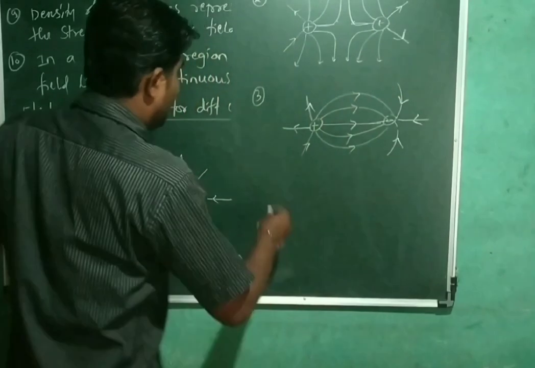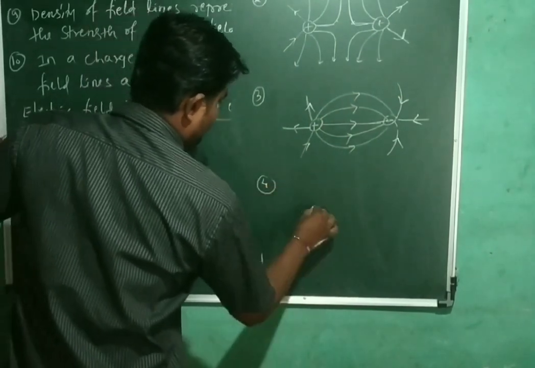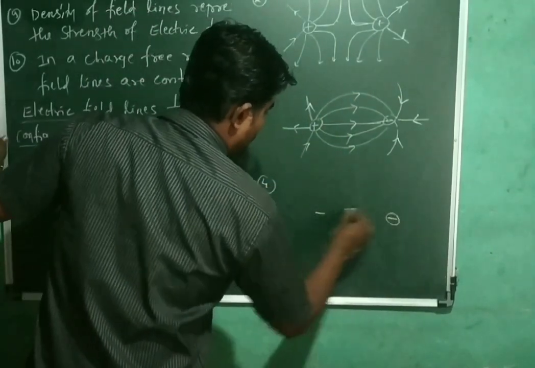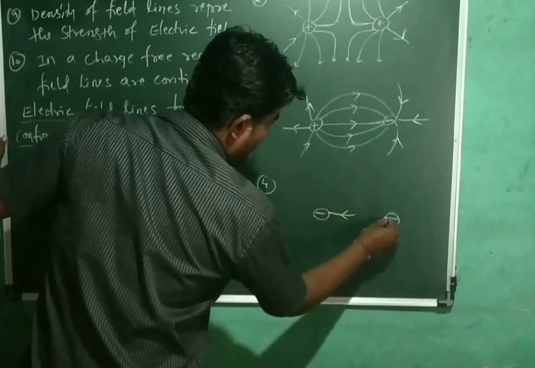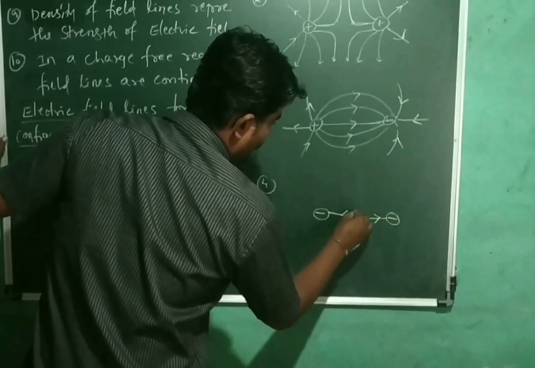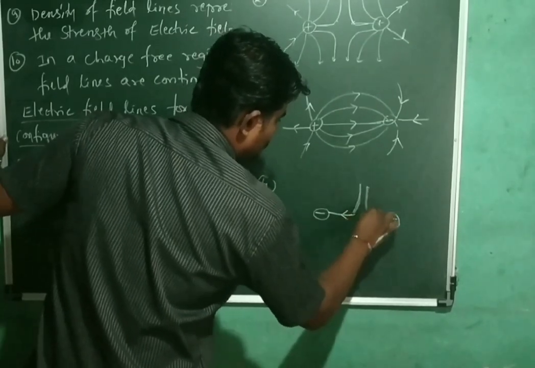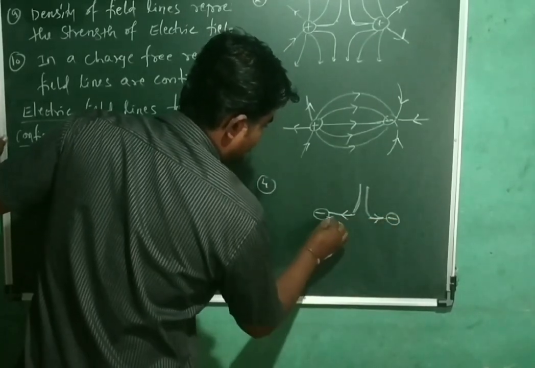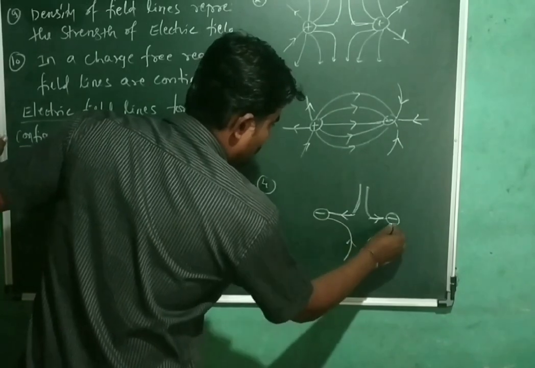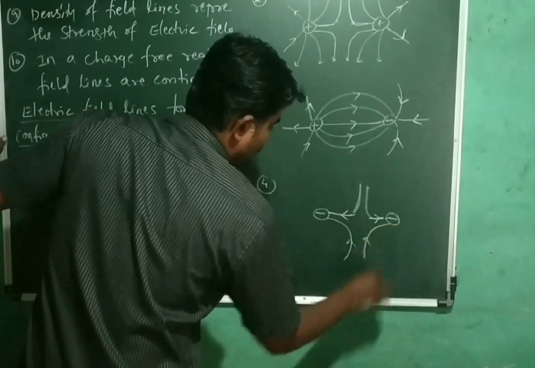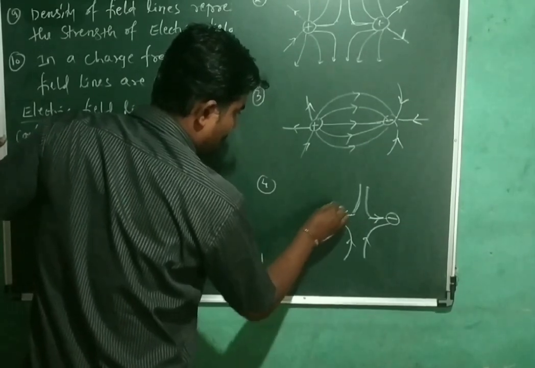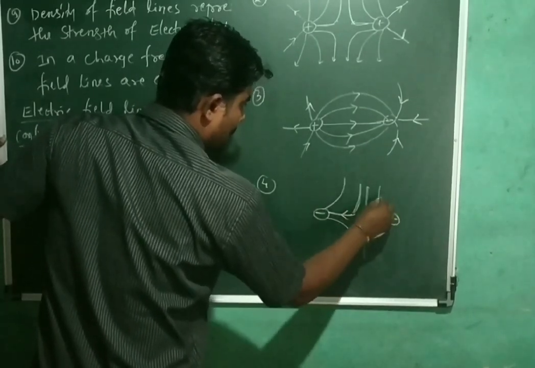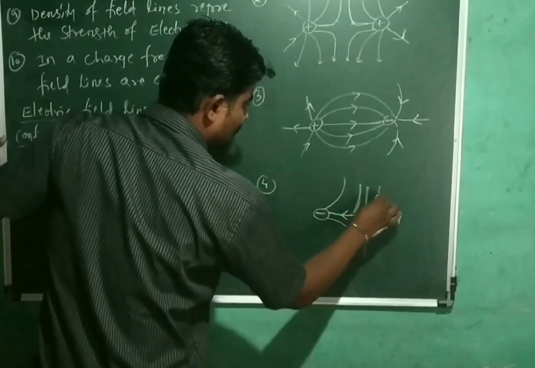And for negative charge, negative. Electric field lines are directing towards the negative charge.